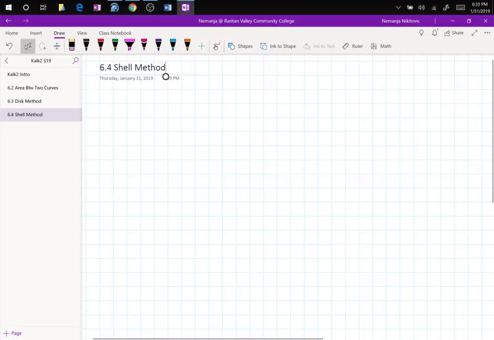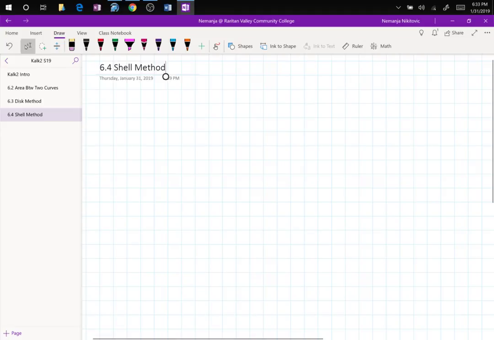So what is this shell method? Well, for disk method, we used to cut perpendicular to the axis of rotation, and every cut we made was creating little infinitely thick disks or washers.